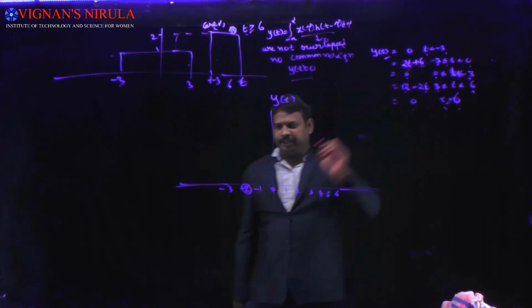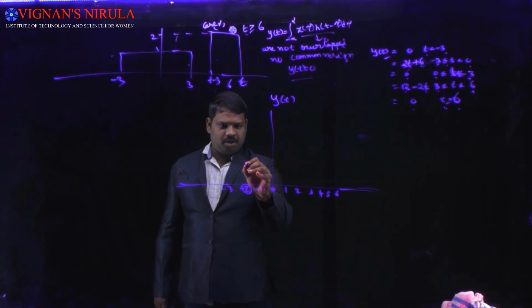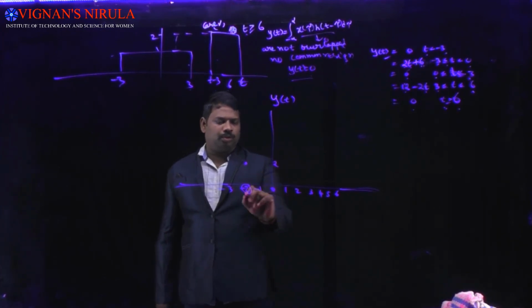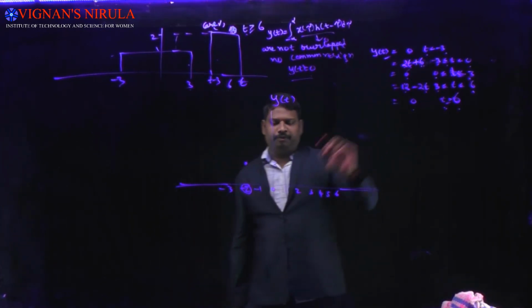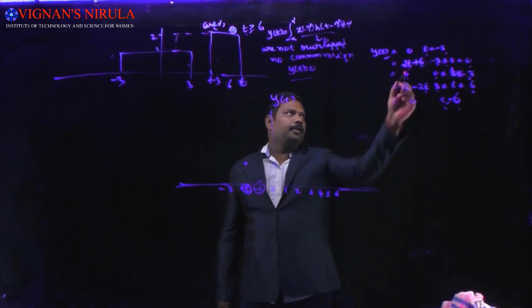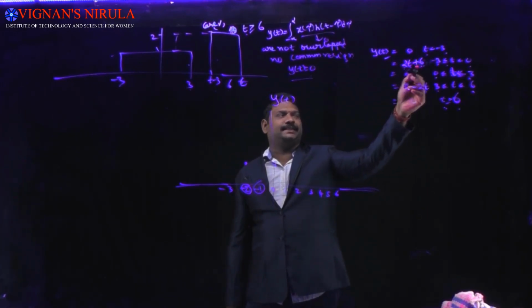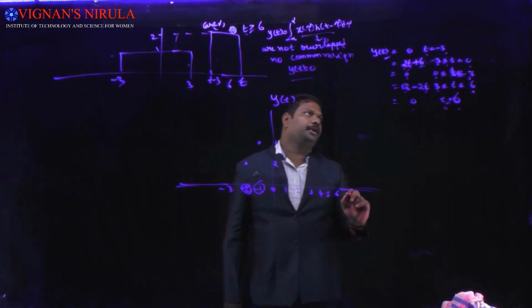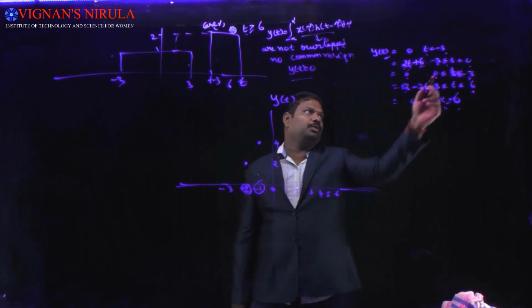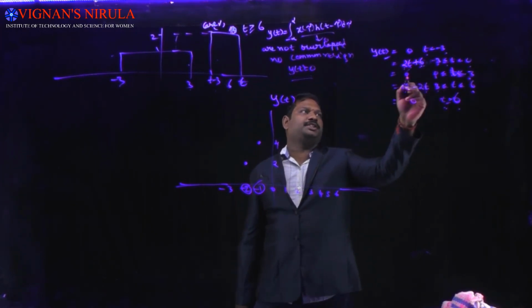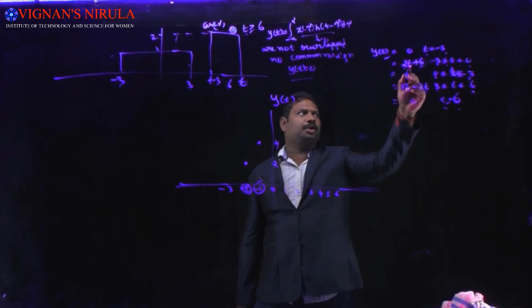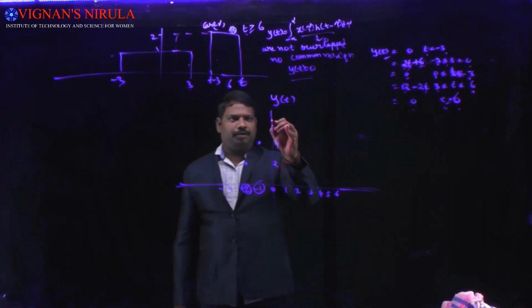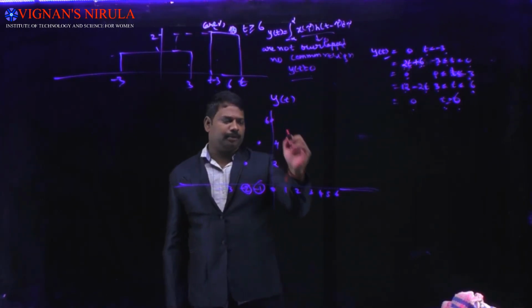That means we'll get 2 here. The amplitude is 2 for minus 2. When we put minus 1, that is minus 2 plus 6, which means 4. The amplitude is 4 for minus 1. Next for 0, it will be 6. Therefore at 0 it will be 6 amplitude.